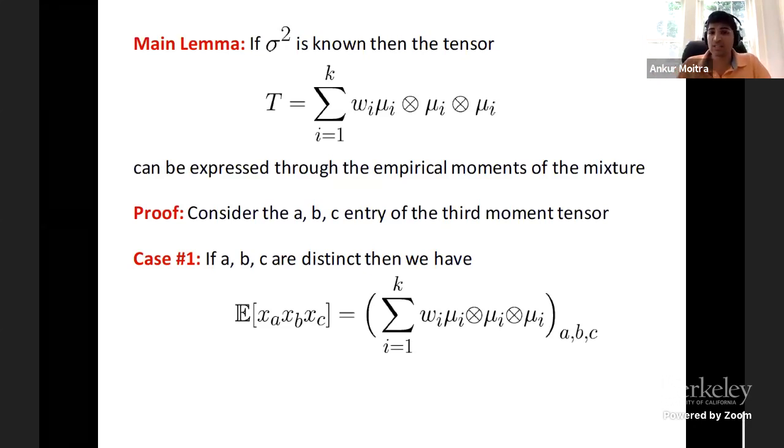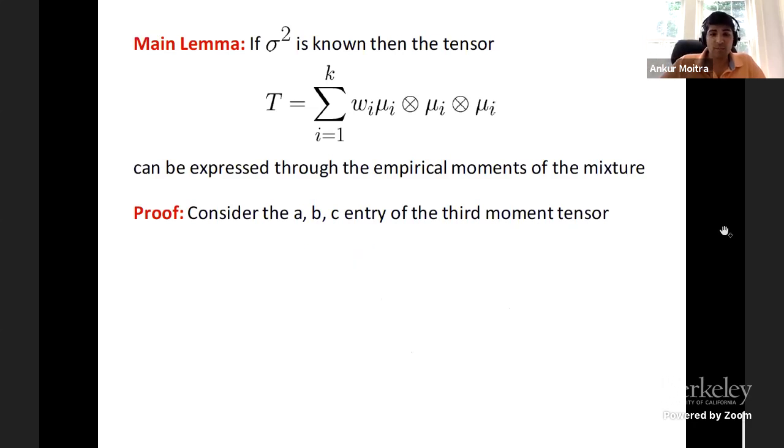And of course, no noise is a lot easier. So in fact, what it looks like is the sum over i of w sub i times mu i tensor mu i tensor mu i. That's a d by d by d tensor. And you index into it at the a, b, and c location. So if a, b, and c are distinct, that's your expression. So how do you compute this 3rd order moment and get a corresponding entry in T, which is what you're after? They're the same thing.